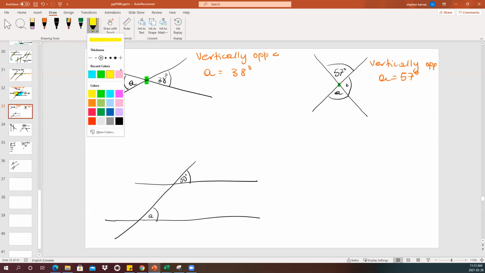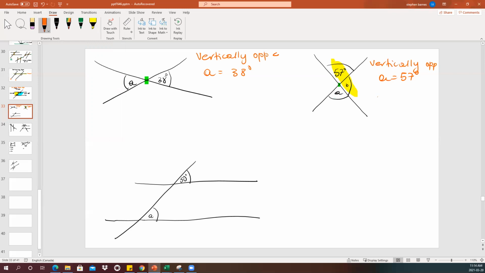We see we have a straight line here, so we can use angles on a straight line, with the 57 that we were given and B. So 180 degrees is equal to 57 plus B, and it's 180 because angles on a straight line sum to 180.